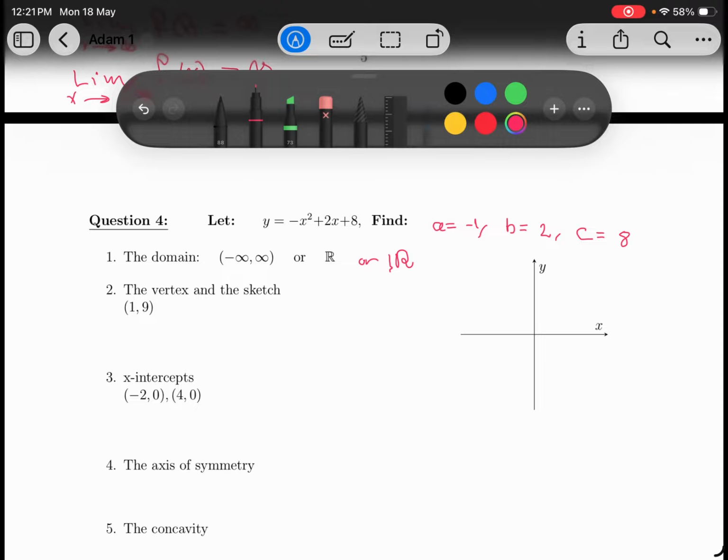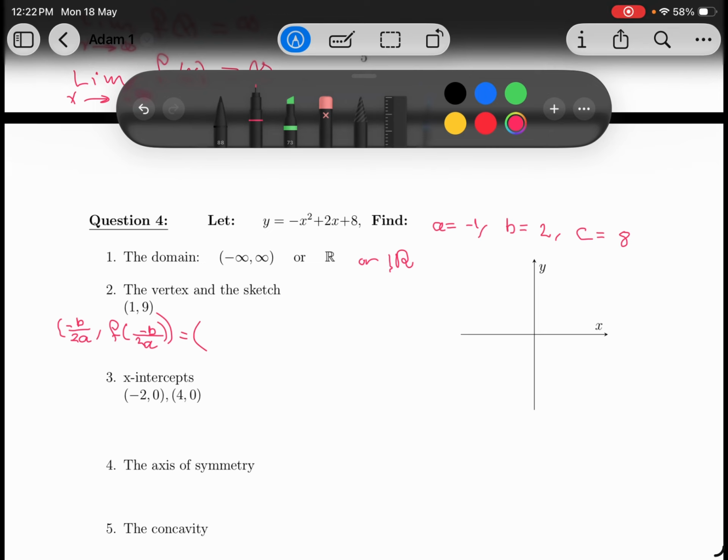Okay, so the vertex and the sketch. The vertex here is given by minus 1 and 9. Okay, so how come minus 1? So the vertex is like that. It's minus b over 2a, and f of this guy, which is minus b over 2a. And if you just plug in, you have a, you have the numbers, you have everything you need.